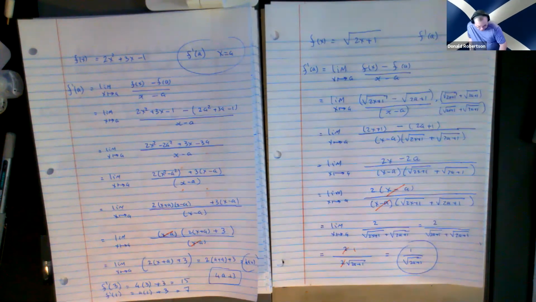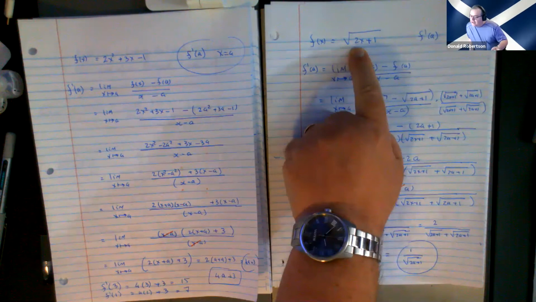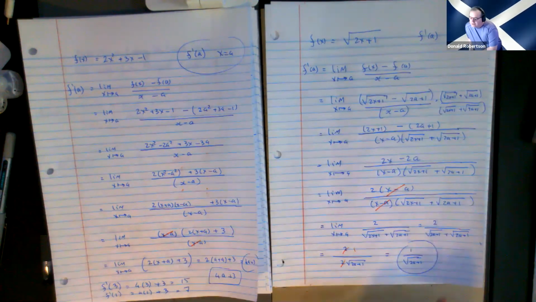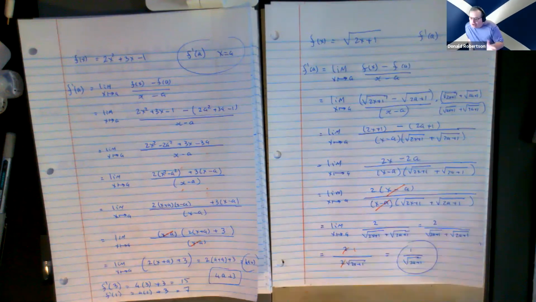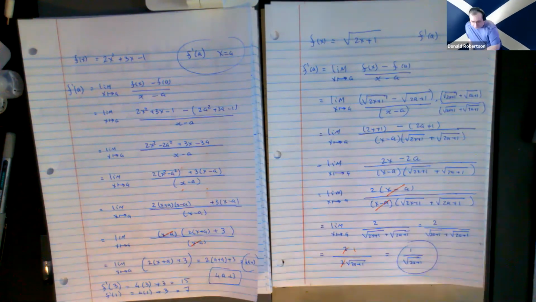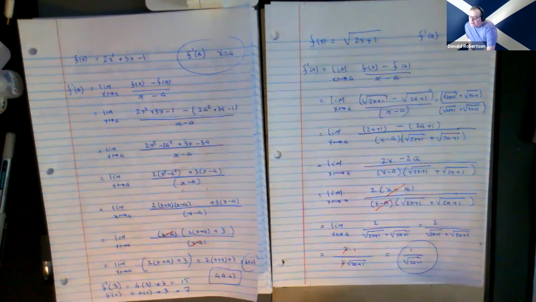So if you wanted to know the slope of the tangent line to this particular curve at x equals 1, wouldn't the answer be 1 over the square root of 3? If you wanted to know it at 42, it'd be 1 over the square root of 95. And pretty much for one piece of work, you can now find the slope of the tangent line to any curve at any point you like.